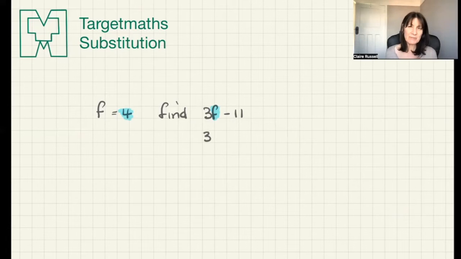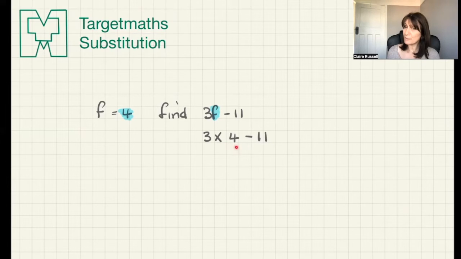Now, because I'm about to put a number in, I need to show the times sign that is invisible. Remember, when a number and a letter are squashed together, it means times. So that meaning of times I'm now showing clearly. And then I've got that minus 11 on the end. Now, look at what we've got.